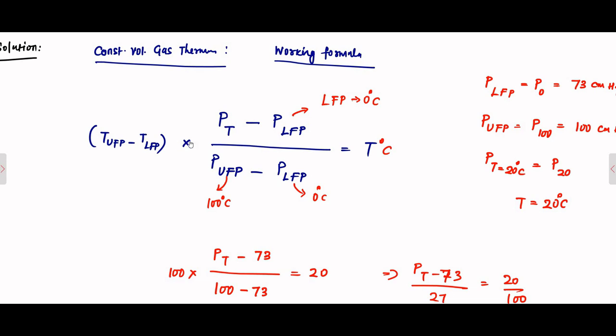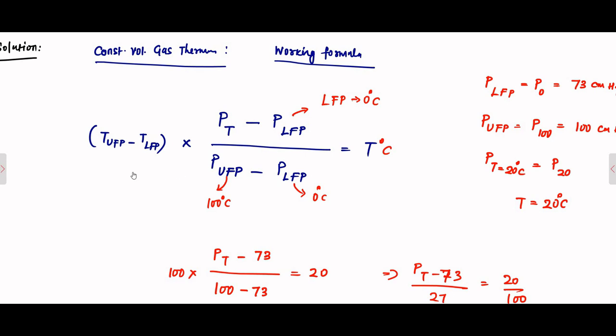Here you just have to multiply the difference between the upper fixed point temperature reading and the lower fixed point temperature reading, which in the case of the Celsius scale is 100. So that is equal to that particular temperature. This is used as a temperature measurement relationship for a constant volume gas thermometer. If you remember this formula, it will become very handy to solve these numericals quickly.